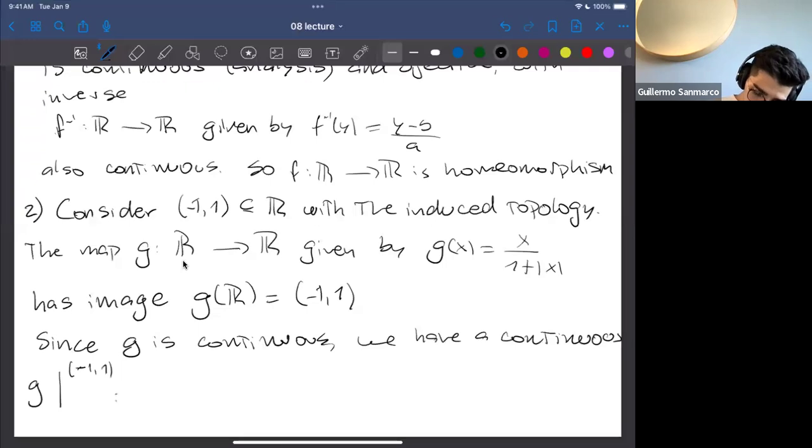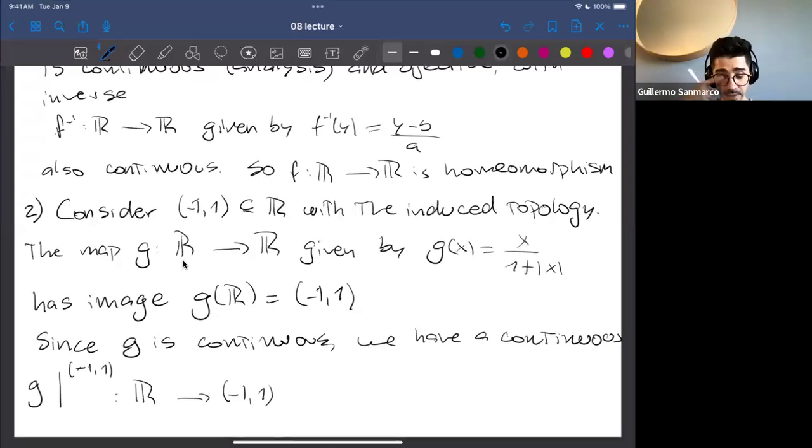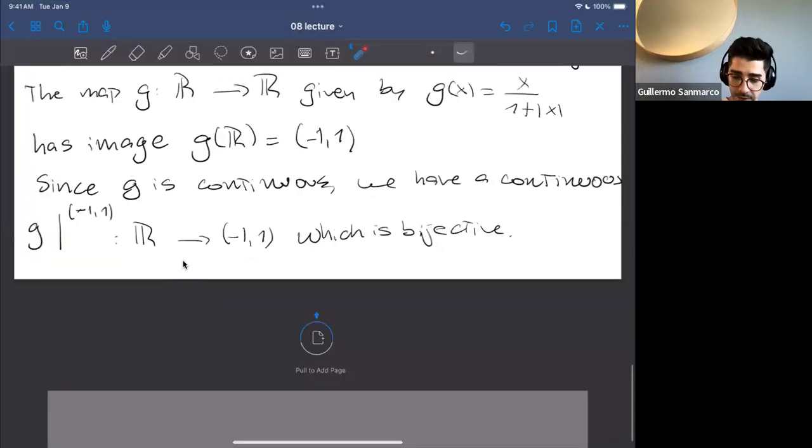It's a map going from the reals to our open interval, which is also bijective, which is pretty easy to show. So here we have a continuous bijective map from the reals to this open interval. Okay, that's interesting.